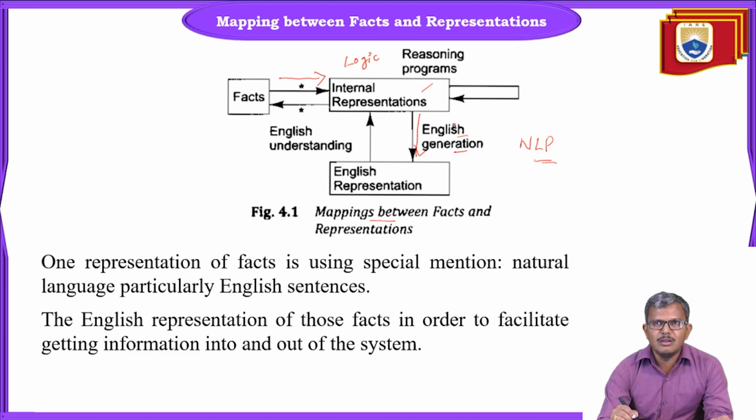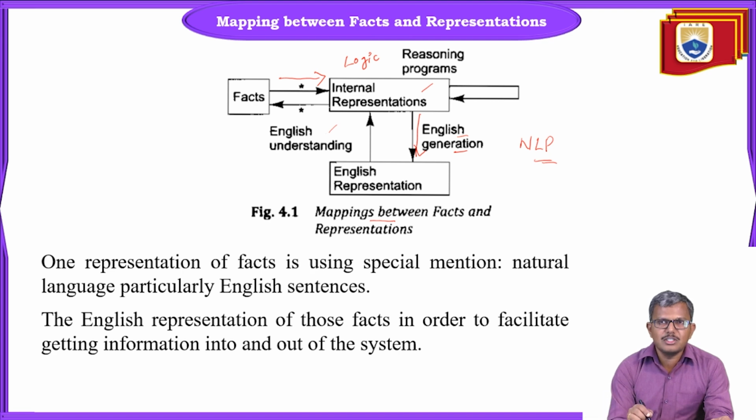So if you are able to do a mapping from the internal representations to the English representations, then it is a kind of natural language processing. At the same time, if you are able to get the internal representations from the English representations, then we can say it is English language understanding, or natural language understanding.